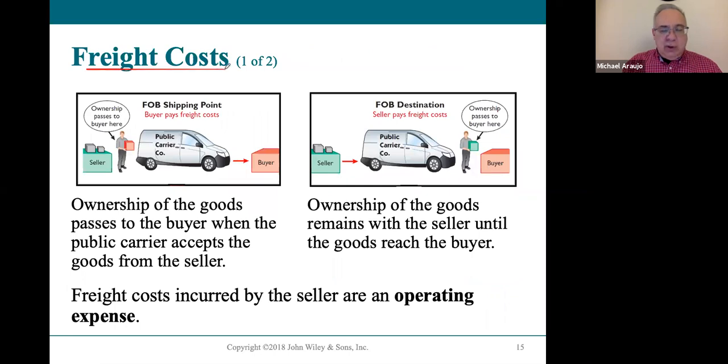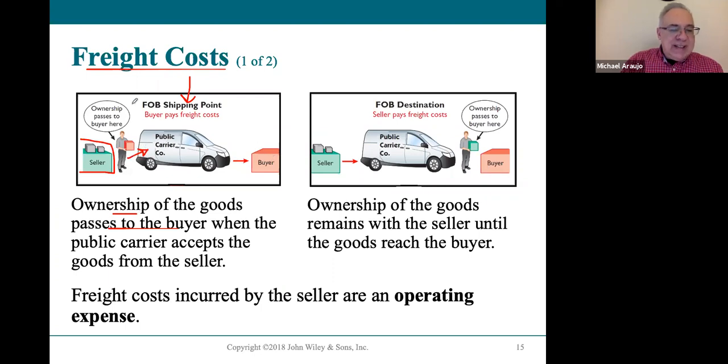This wonderful illustration shows what I was trying to explain before. This is the most common term, FOB shipping point, in terms of when ownership passes to the buyer. So again, the seller is PW Audio. They're boxing it up and giving it to the carrier to deliver to the buyer.